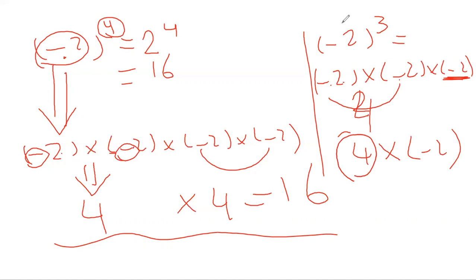It becomes positive times negative, and in each time you will have one left alone. 4 times negative 2 is negative 8. Okay, so when the power is even, you will have a positive result, but when the power is odd, you will have a negative one. Is this clear? I think this is an old rule. Yes.